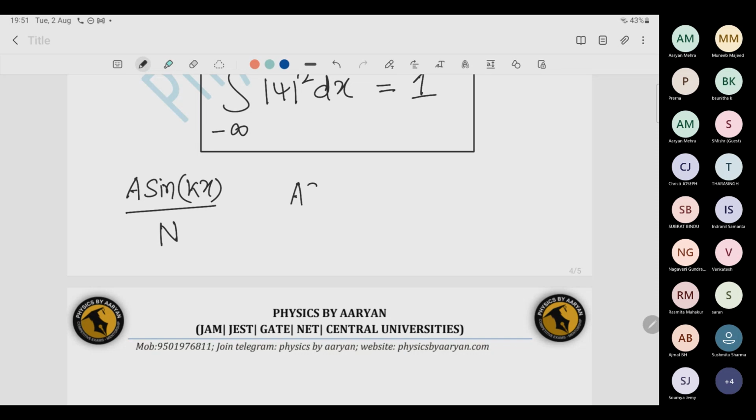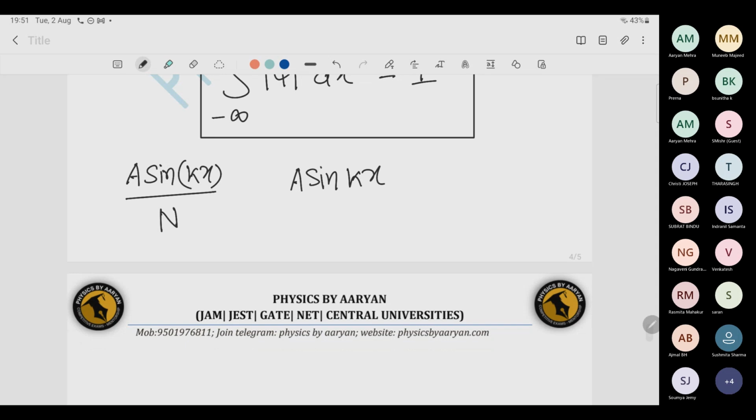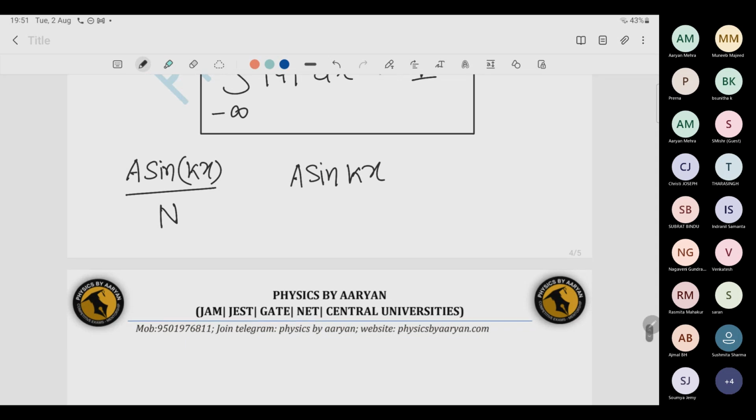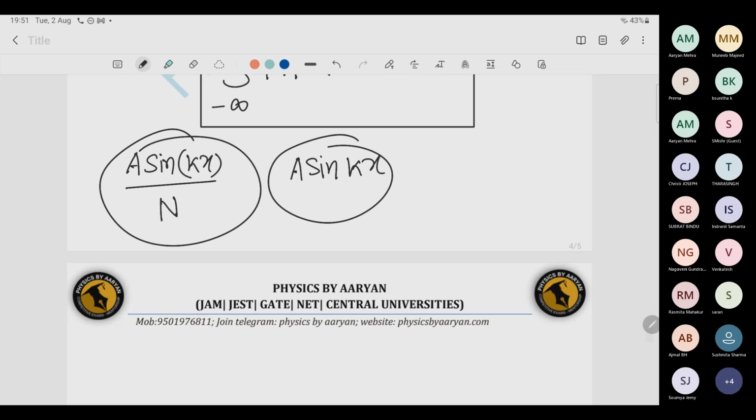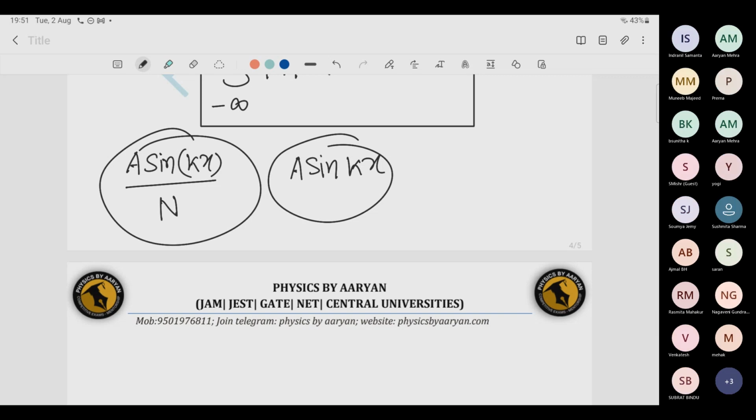This function and this function are two different functions. So do they represent the same system or a different system? Tell me. This is one function, this is another function. So are they actually representing the same particle or different particles now? Tell me, anyone.